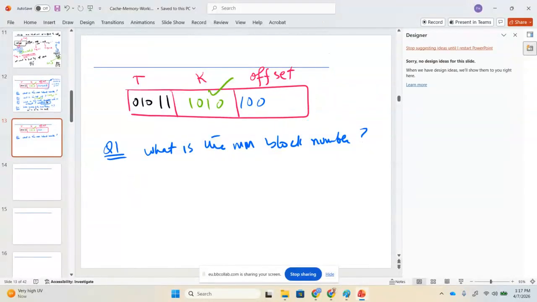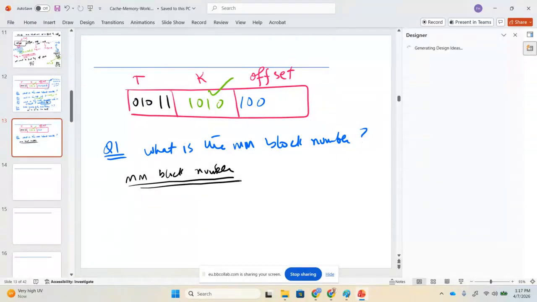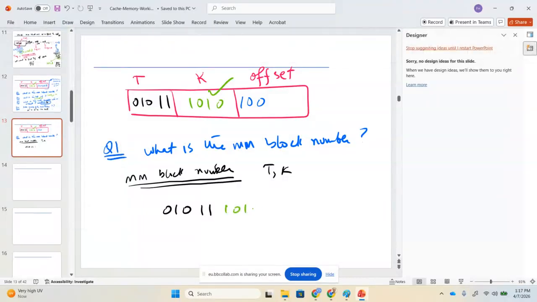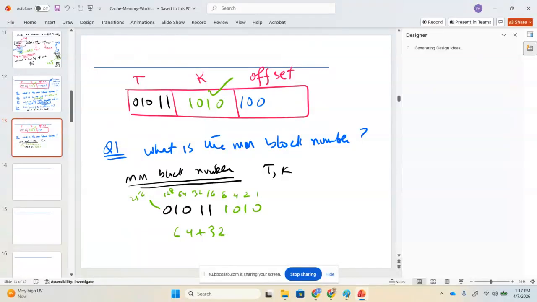Okay, so the main memory block number is found by concatenation of T and K, and notice T is 01011, and then T and K, which is 1010. So this is 1 2 4 8 16 32 64 128 and 256. So this is 64 plus 32 plus 16 plus 8 plus 2.